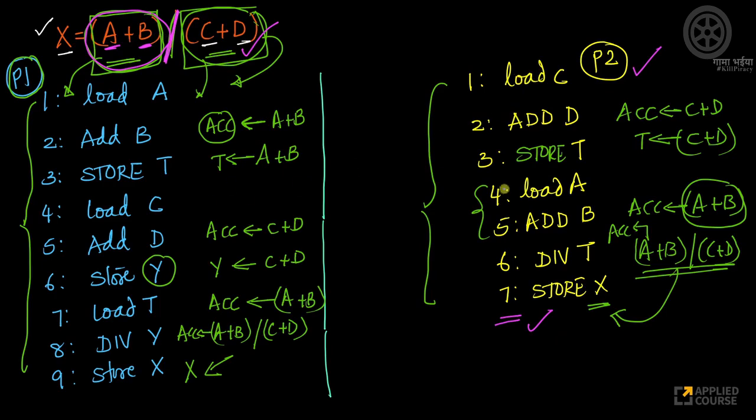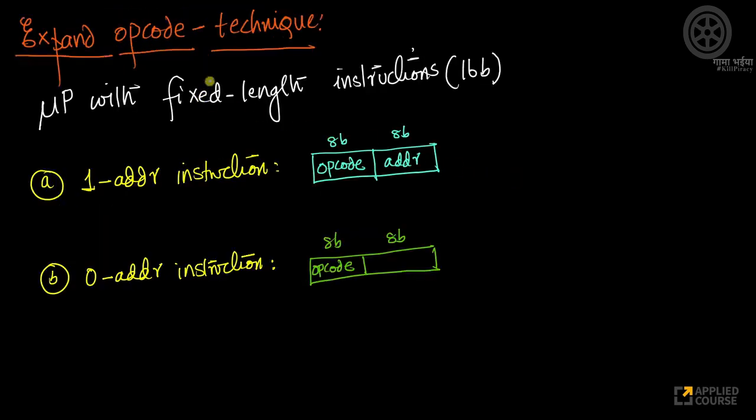Very nice example actually. There is one problem which we sometimes encounter when we have microprocessors with fixed length instructions. Imagine I have a microprocessor where my instruction length is fixed at 16 bits. Now imagine this microprocessor has both 1 address instructions and 0 address instructions.